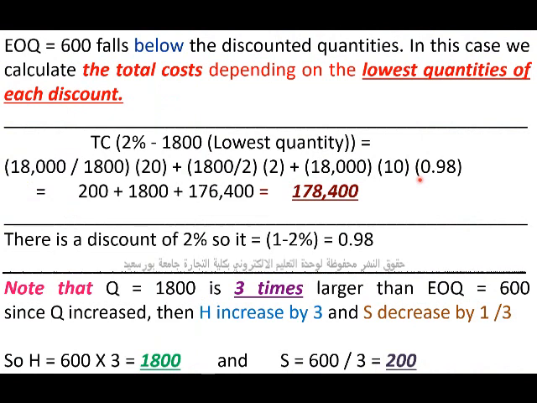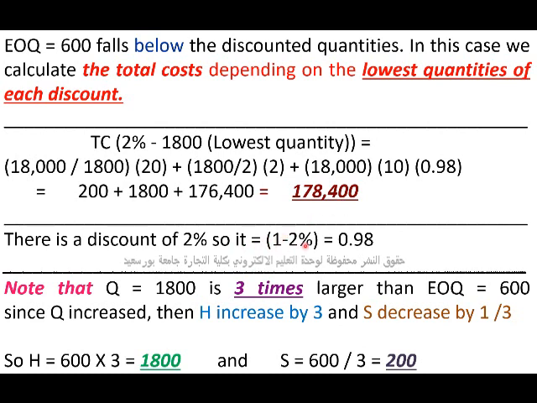Discount you will take 2%. This means 100 minus 2% will be 98%. The total cost will be equal like this.